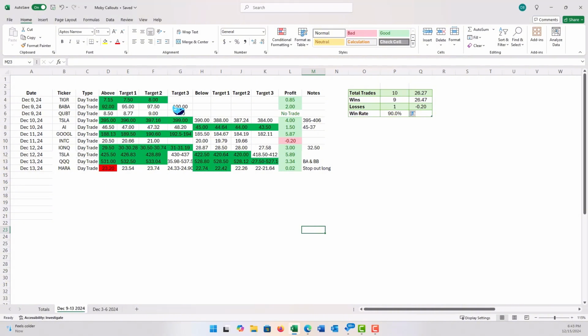So Tiger might be more, like it might move $1 a day, which is great because it's more volatile. If it was going to move $1 on a $7 stock, then that means you have more ability to make some good money. So there are some slower moving stocks that might only trade 5, 10, 15 cents in a day, and that's really difficult for day trading. It might be better for a swing on some of these stocks, but overall, if you're day trading, you want to find things that are actually going to move.